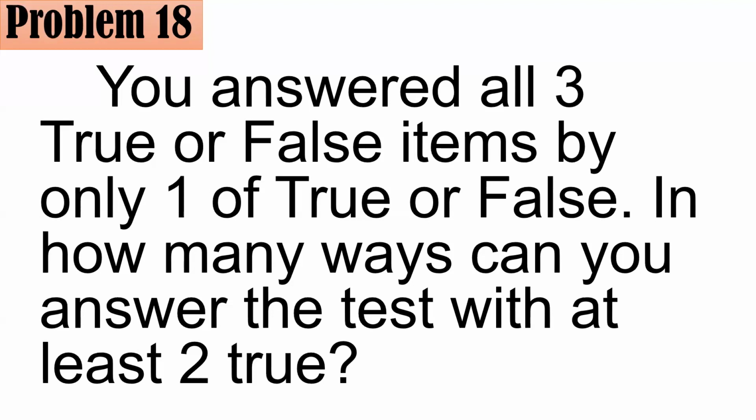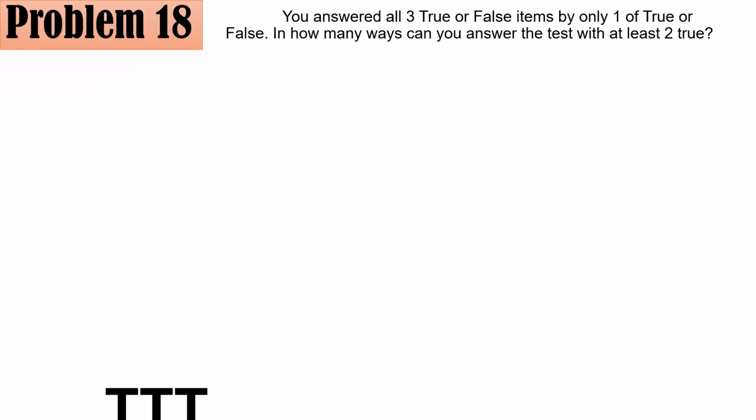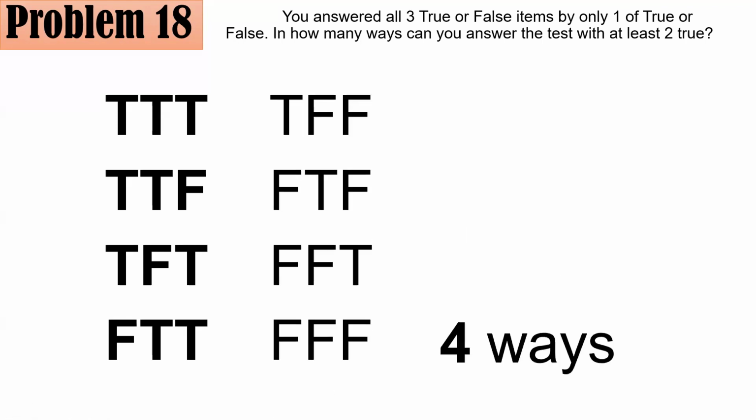If you could still recall in our previous items, you could have either TTT, which means item number one is true, item number two is true, item number three is true. You could also have item number one as true, item number two as true, and item number three as false. And if you list everything, you could have all of this.